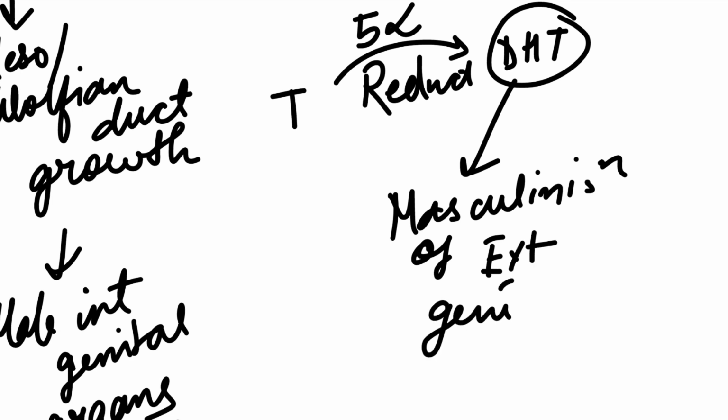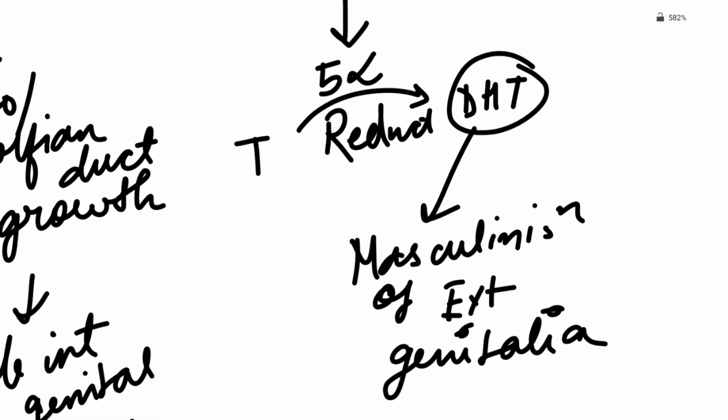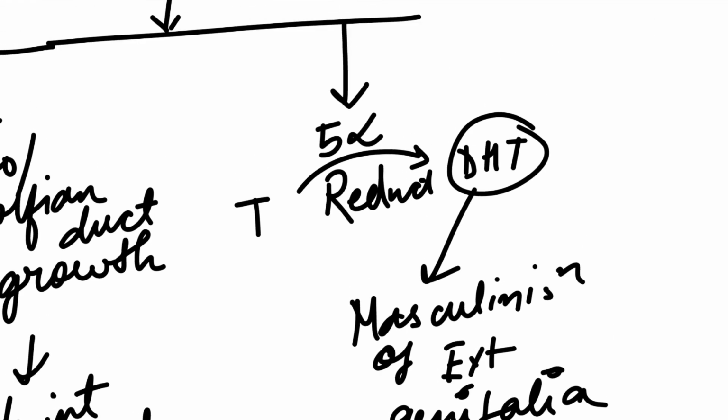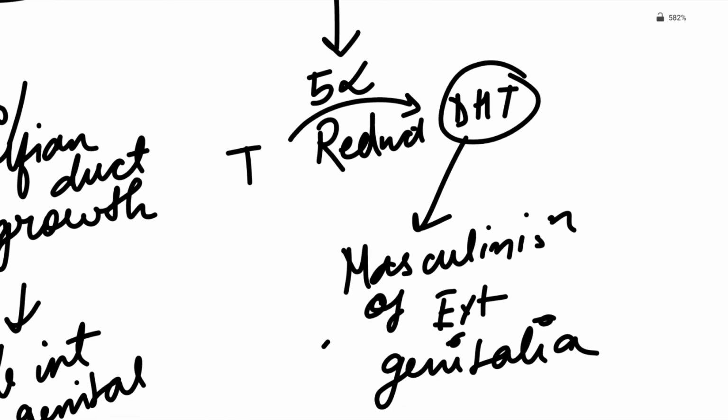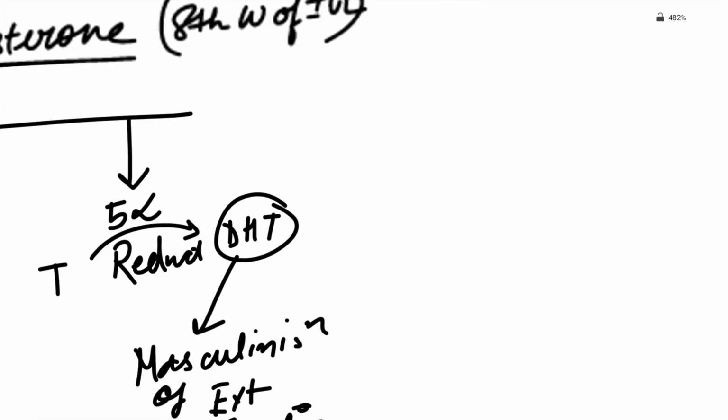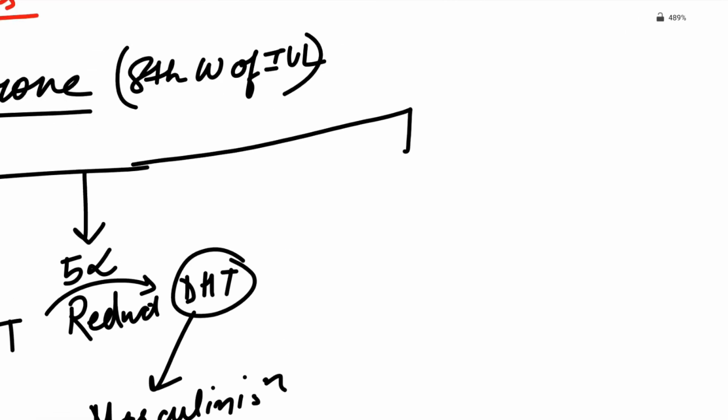The external genitalia during the stage of development also has the bipotential capability to get converted into the male or the female external genitalia, but under the influence of the testosterone, dihydrotestosterone is formed, which causes the masculinization of the external genitalia.